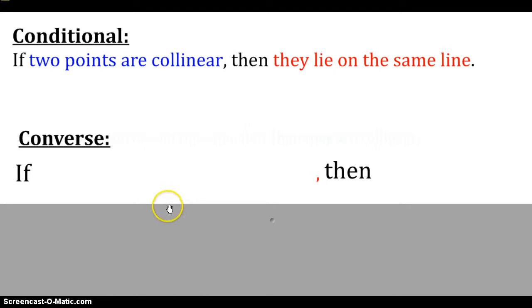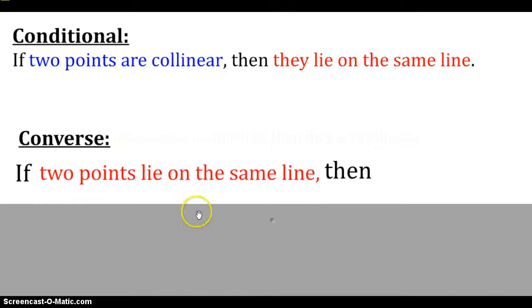Please remember you want a subject, so you're not going to say if they lie on the same line. You're going to keep the subject. If two points lie on the same line, then they are collinear. Is that a true statement? You cannot write a biconditional unless both are true. That is true.